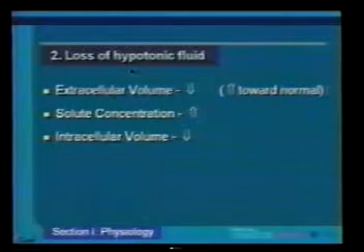They may talk about a person wandering around in the Arizona desert with very little water available, or they can talk about the consequences of exercise. You have to realize that sweat is hypotonic fluid. Going into this question, you have to know that sweat is hypotonic fluid.